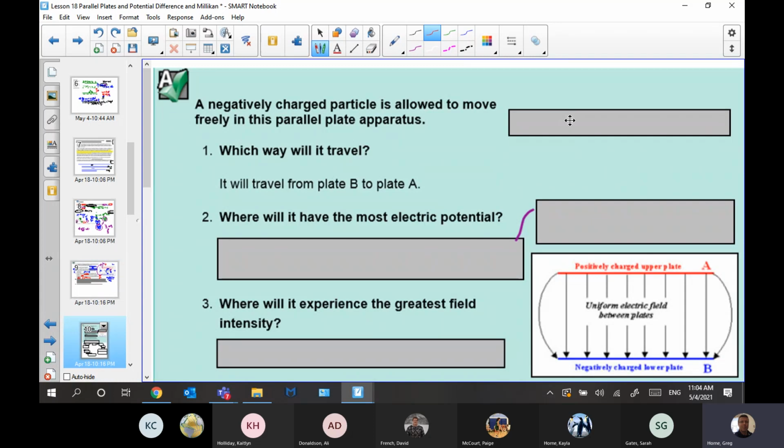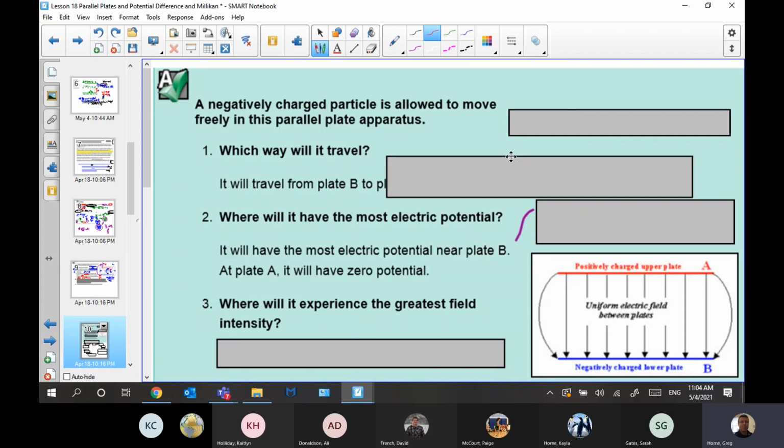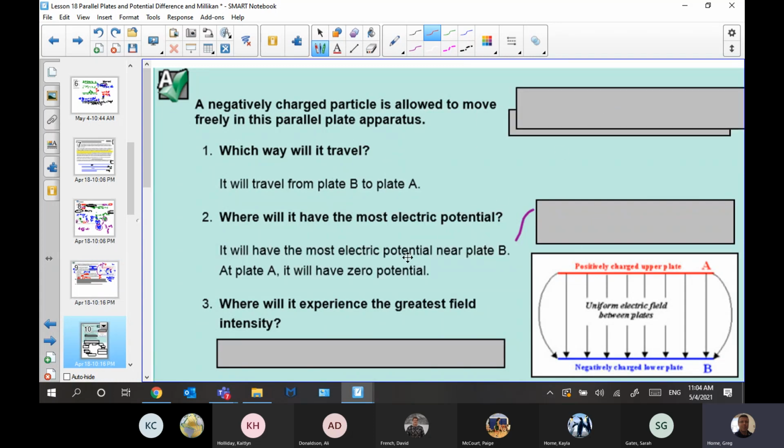It says, which way does it travel? Well, it'll travel from B to A, of course, like I said. It'll have the most electric potential near plate B, because at plate A it has 0 potential. That's energy, that's EE, right? They're talking about electric potential there. They don't always say electric potential, but that's EE per Q. It will all have transferred to kinetic, and that's what it says up here.